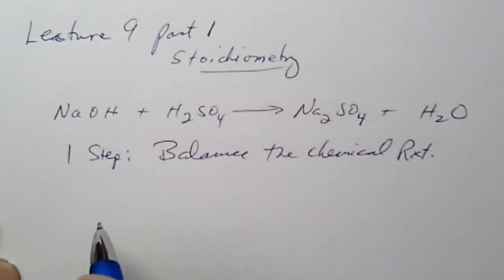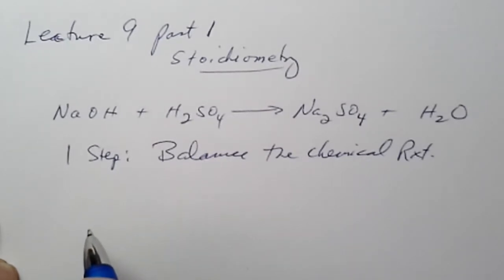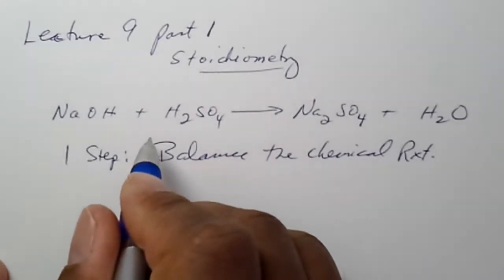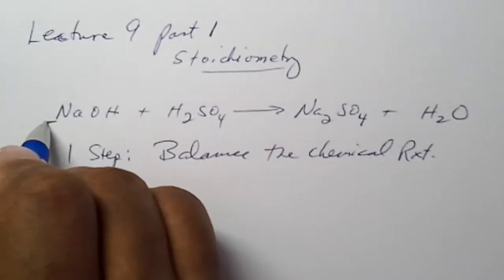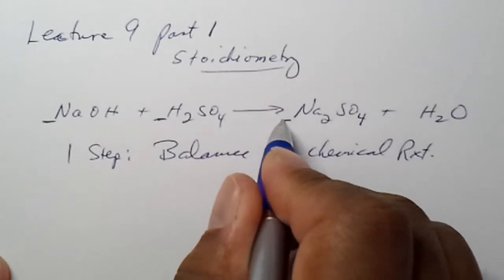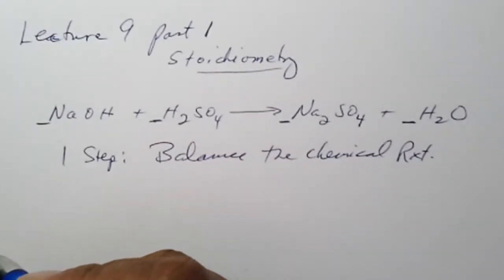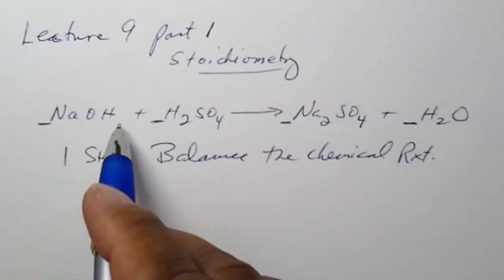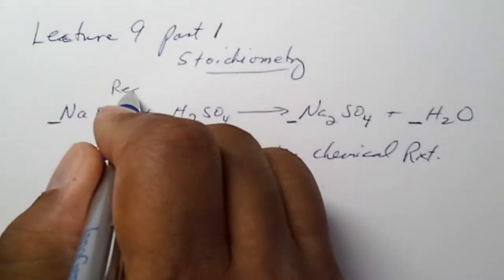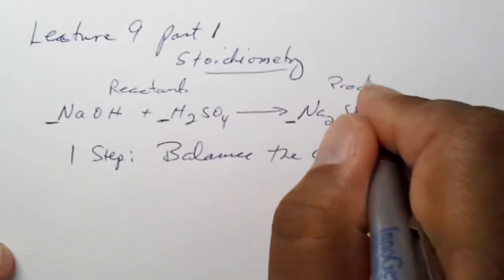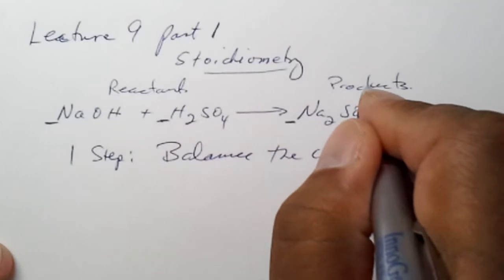If you don't balance it, then you'll never get the correct answer, because as we talked about before, we're dealing in moles, and the coefficient that comes before each of the compounds in a chemical reaction is the molar amount of that chemical. Reactants are always on the left, and products always on the right.